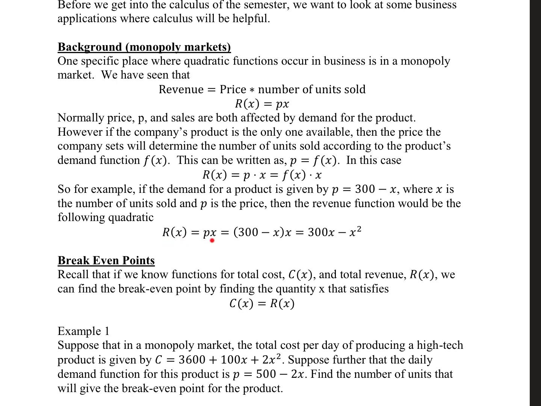Your revenue would be px, but since p is actually 300 minus x, we substitute it in, we multiply by x. Then when we distribute the x into the parentheses, sometimes I'll even show this just on paper. So x would get distributed in. That's how we would get this function here. And we notice that it's a quadratic function. It has that x squared term in it.